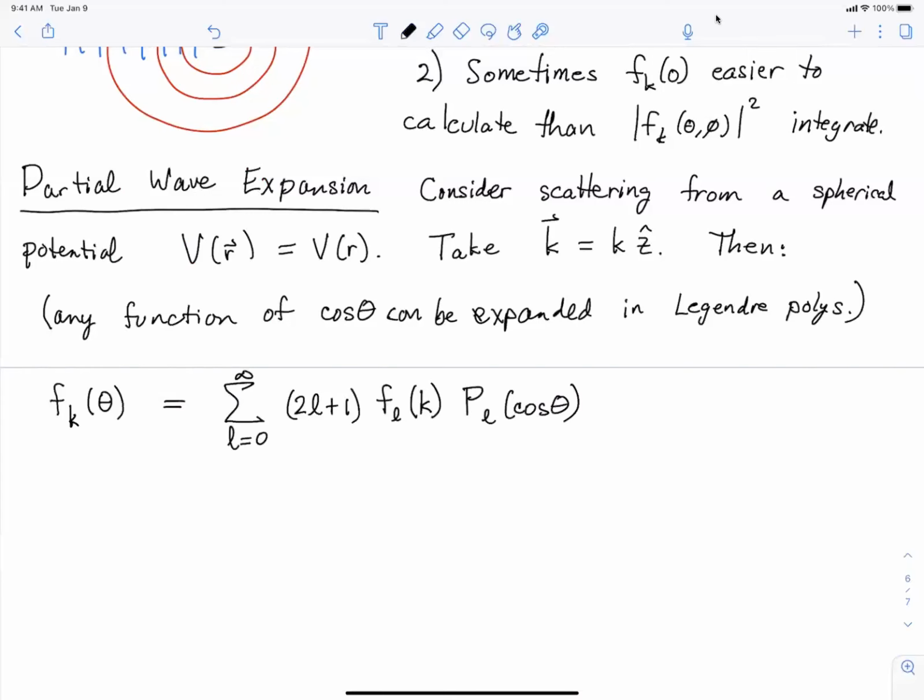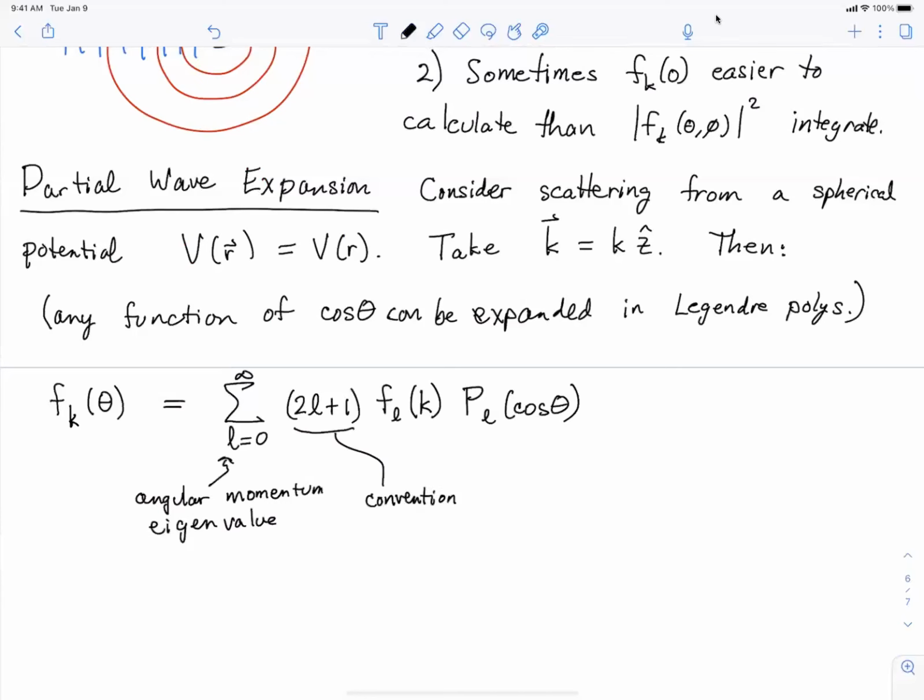And we know that the L here for the Legendre polynomial is associated with the angular momentum. So this is really going to be the angular momentum eigenvalue of our scattered particles. Okay, the 2L plus 1 here is just plain pure convention.